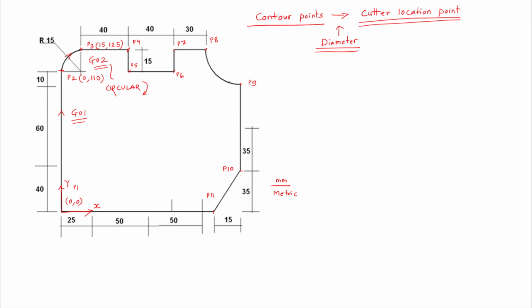So from point P8 to P9 the controller is carrying out the relative motion in anti-clockwise direction. Here also the motion is circular interpolation, but it is in counterclockwise direction, and that is G03. So after getting the coordinates of all these points on the contour, we can start doing the programming.